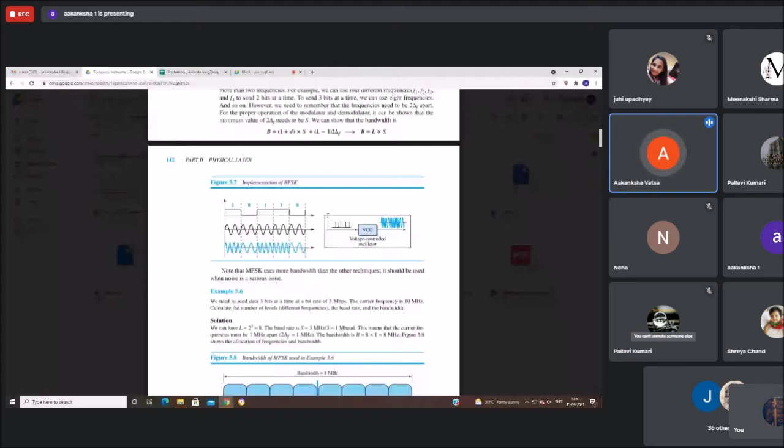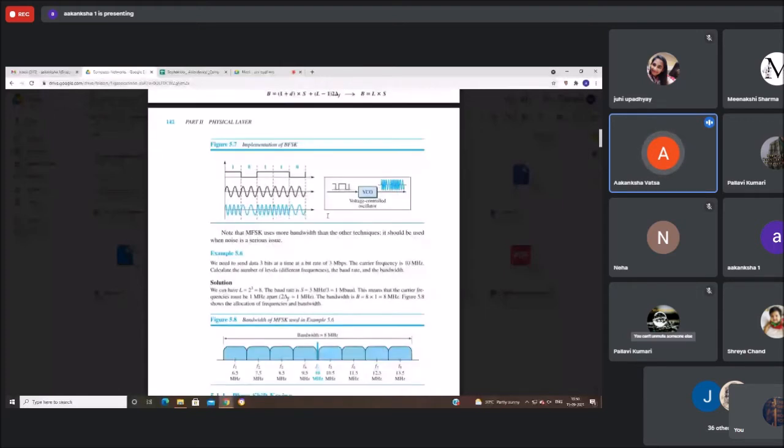Now, if we are using more frequencies, multi-level frequency shifting, there will be a need for more bandwidth than other techniques. अगर हमारे पास बहुत ज़्यादा नॉइज है, तो अगर नॉइज हमारा बहुत सीरियस हुआ तभी हमें यूज करना पड़ेगा. अदरवाइज FSK और multi-level FSK will use more bandwidth.